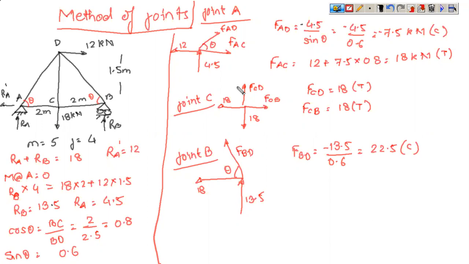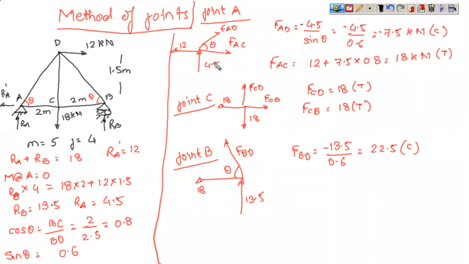Because if you assume them to be compressive in nature, they have to come out minus. So minus minus plus, again, it makes the problem a bit more difficult as compared to assuming them as tensile. So we have assumed them as tensile, and we have calculated the value of AD and AC.